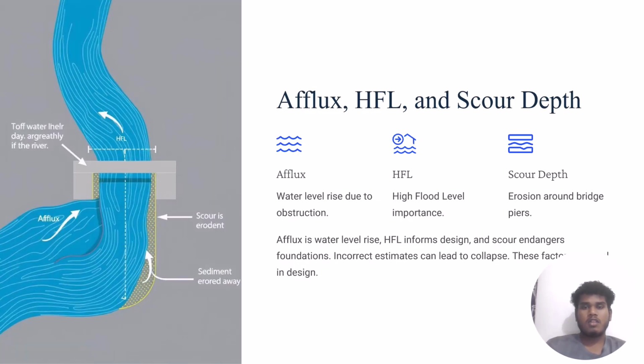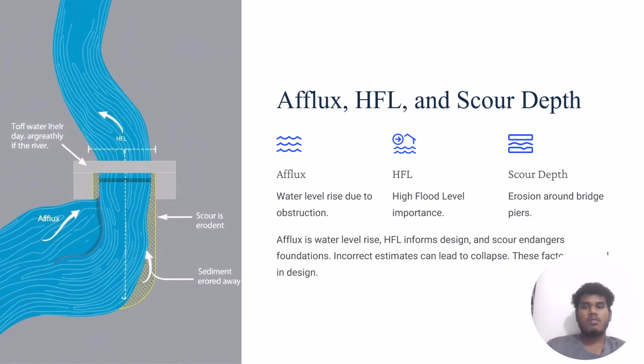So afflux, HFL, and scour depth. Afflux means water level rise due to obstruction. In this figure as shown, the river is flowing from the upward side to the downward side, and this is our bridge. So afflux means if some obstruction comes between the river water, the afflux happens, meaning the level of water increases.